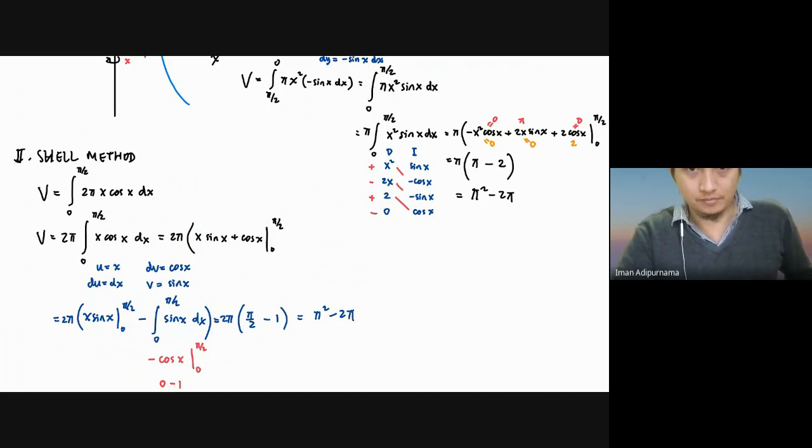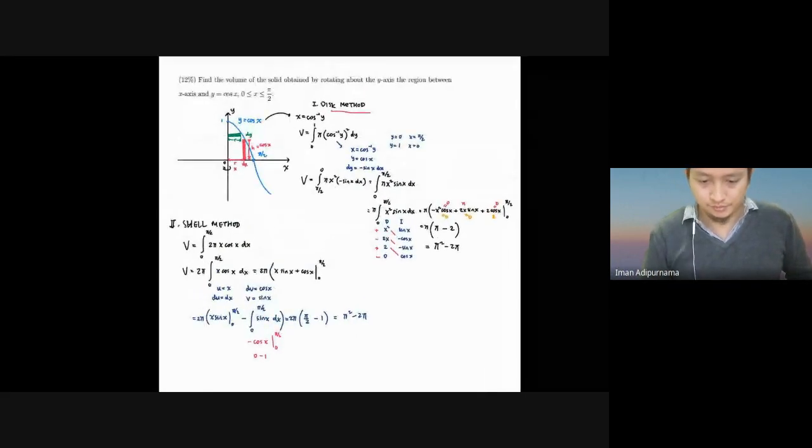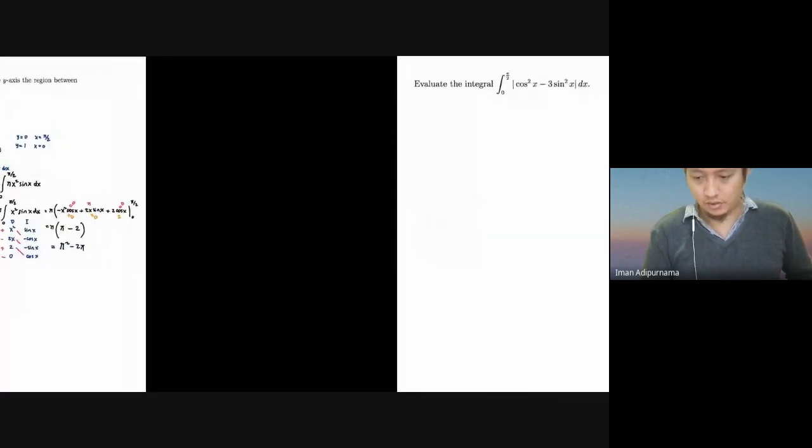Okay, we can move to the next example. I think, yeah, we can also try this one.